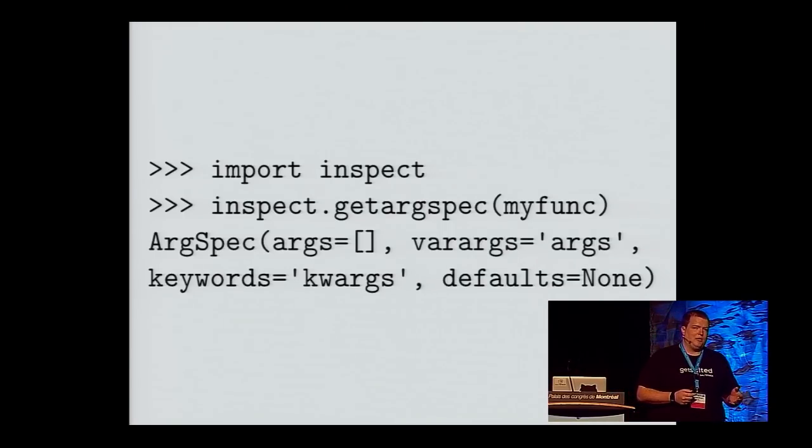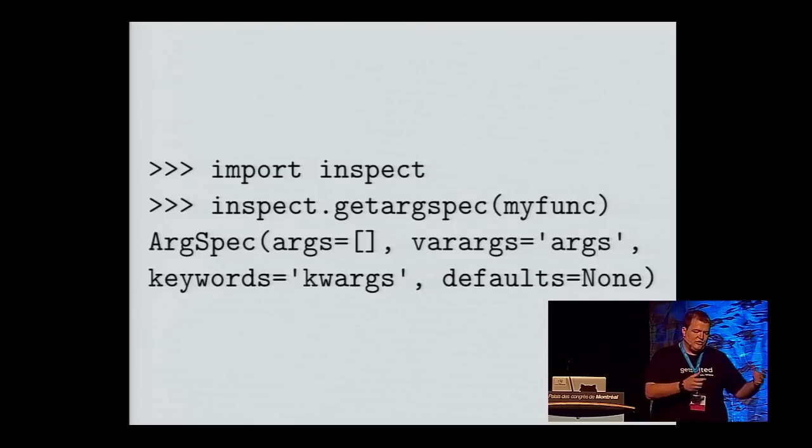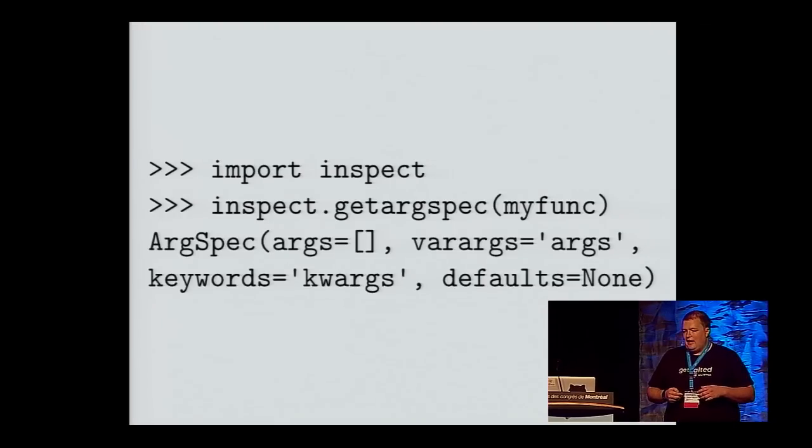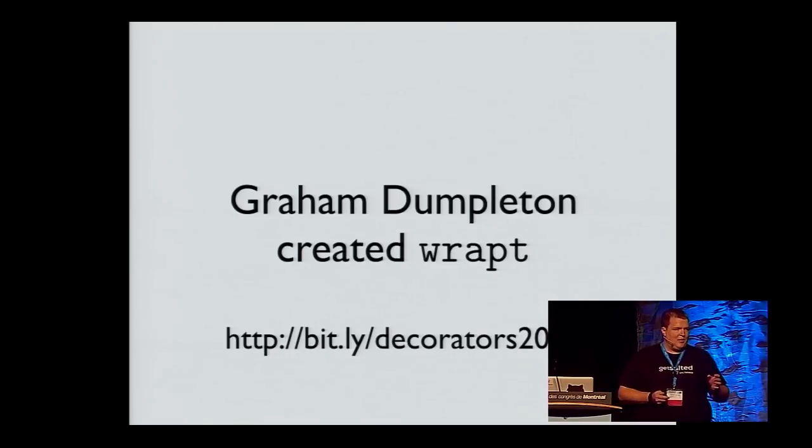But fixing these types of problems involves a much more complex solution involving proxy objects, where we keep the original object around and reference it as we need to later, and a number of different things. To handle all of these, Graham Dumpleton created a library called Wrapt, and it's really cool.